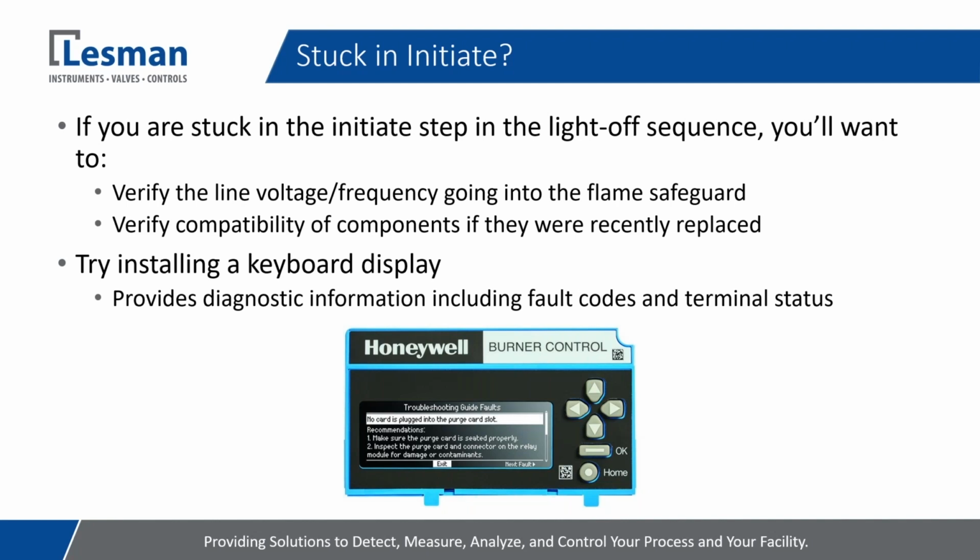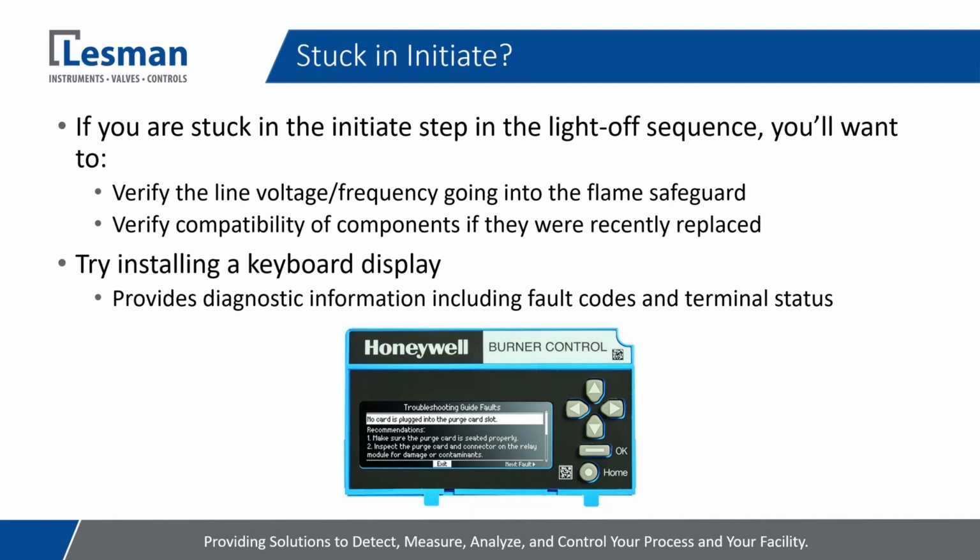A very common issue that I see is that there's a model of Honeywell 7800 series flame safeguard where there's a configuration jumper underneath the dust cover, underneath the display, where if you leave it intact, the flame safeguard tries to go through a recycle behavior upon a flame failure. But if you clip that jumper, it will trigger a lockout condition.